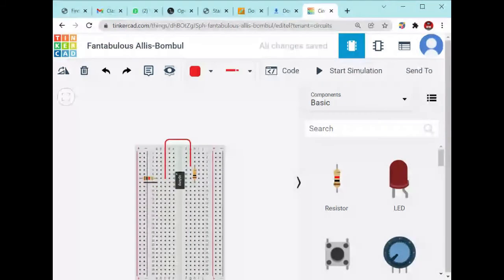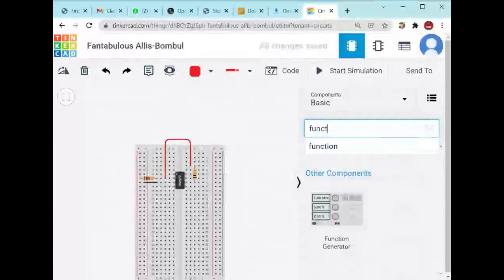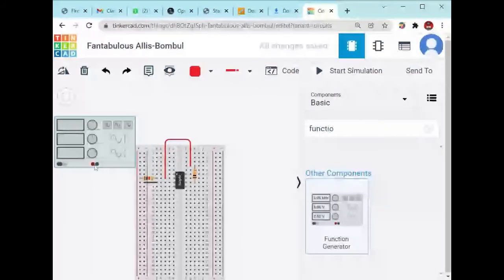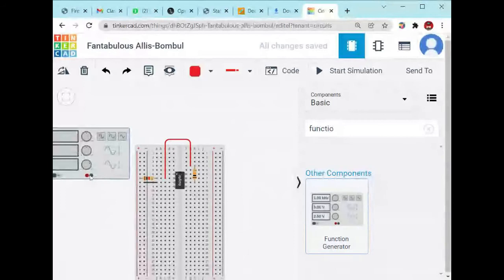For selecting this function generator, you have to type function generator right here. You will find this function generator right here. Select this function generator and place it right here.